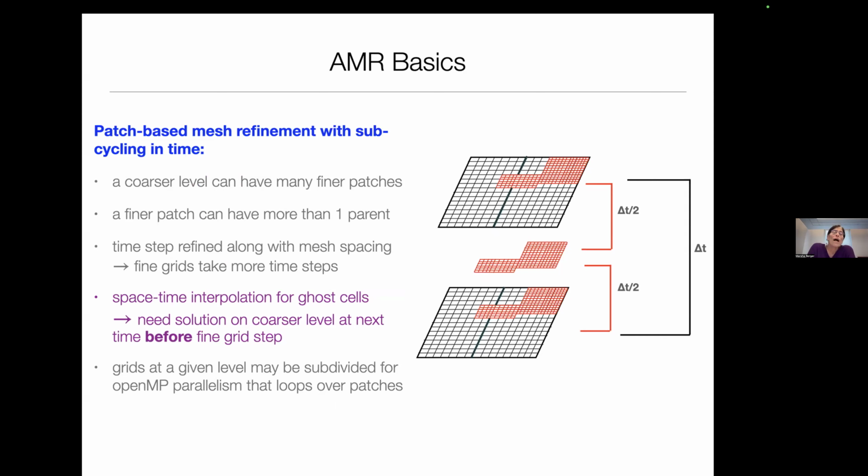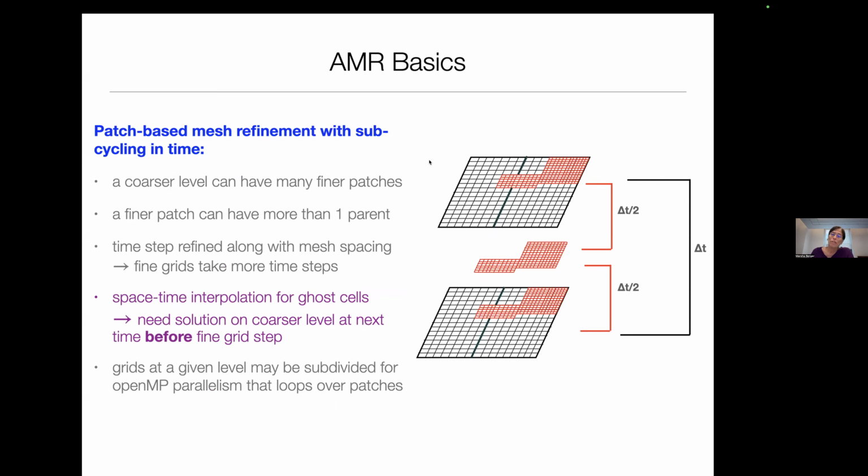Okay, now how do we merge this into our adaptive mesh refinement? First, some AMR basics. Here are the important points that had to be dealt with. We have, as you know, if you've used it, patch-based mesh refinement with subcycling in time.